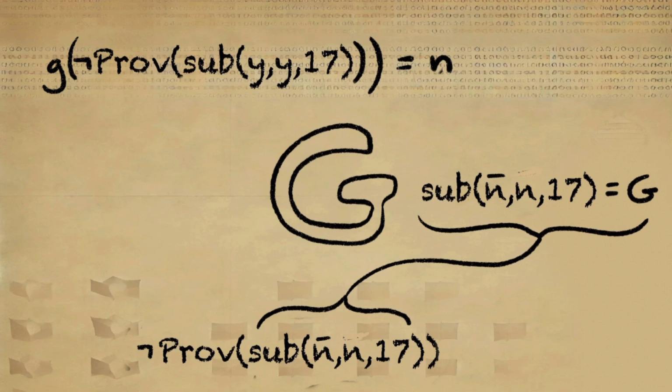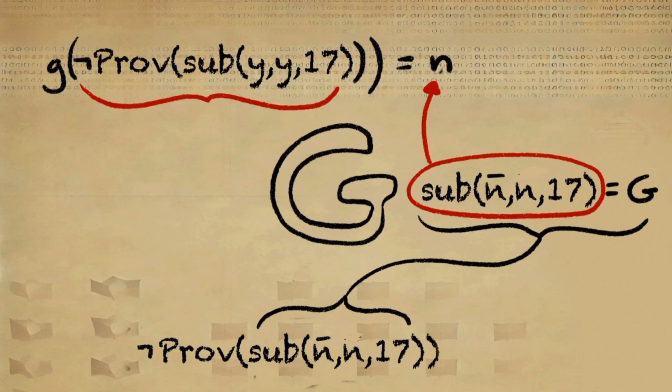But what is G? What sentence does it represent that's supposedly unprovable? Let's remind ourselves of what this means. It takes the sentence with Gödel number n, so this one, and replaces every instance of Y, because Y is represented by 17, with n. What happens when you replace every Y with an n? Well, you get this. Just think about it.